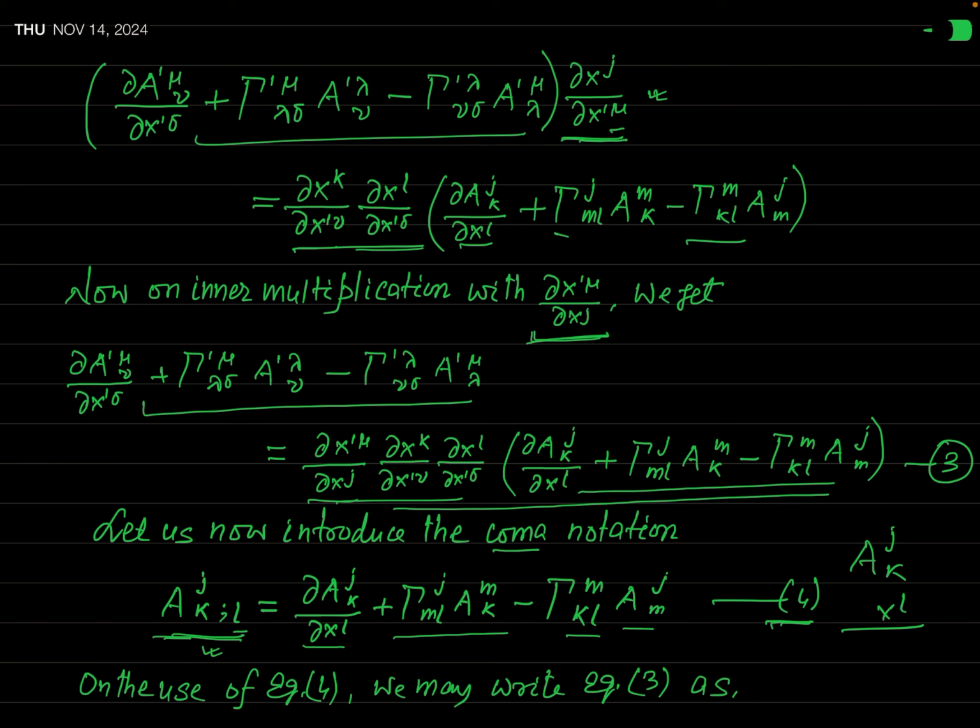You can see that when we define the covariant derivative of a tensor Ajk with respect to XL, in the RHS there are three quantities. First one is the partial derivative of the given tensor with respect to XL.